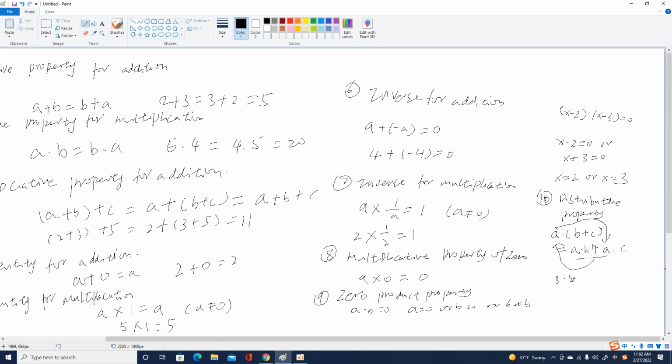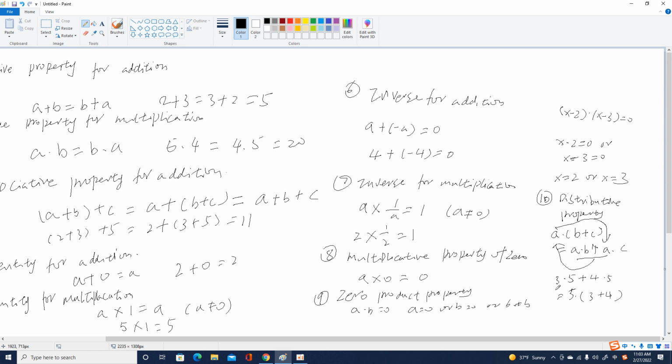For example, 3 multiply 5 plus 4 multiply 5. You can do it like this: 5 multiply 3 plus 4. Okay, you see this example, we use this property from the right side to the left side.